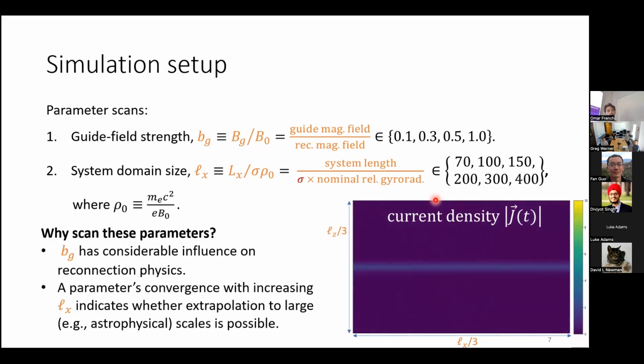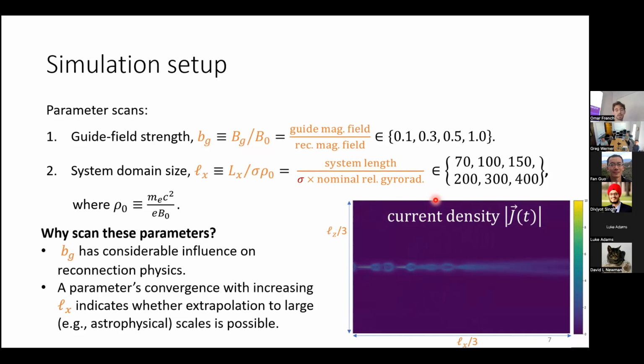You may be wondering why bother scanning over these parameters. The guide field strength has a very considerable influence on the reconnection physics as well as the particle acceleration evolution, and it is also a parameter that varies widely throughout the universe. So it's one of the most important parameters to vary in a study like this.